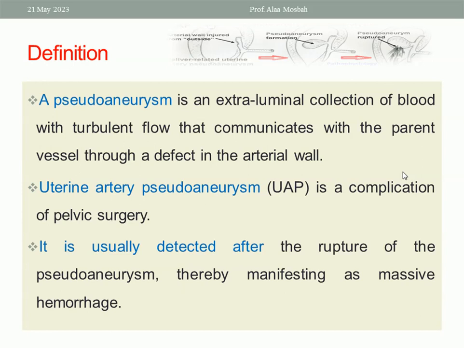So, it is a complication of pelvic surgery, either obstetric or gynecologic trauma, or it may happen also after vaginal delivery or abortion. It is usually detected after the rupture of the pseudoaneurysm, thereby manifesting as a massive hemorrhage. That's why it is very important to be diagnosed as soon as possible and managed properly.